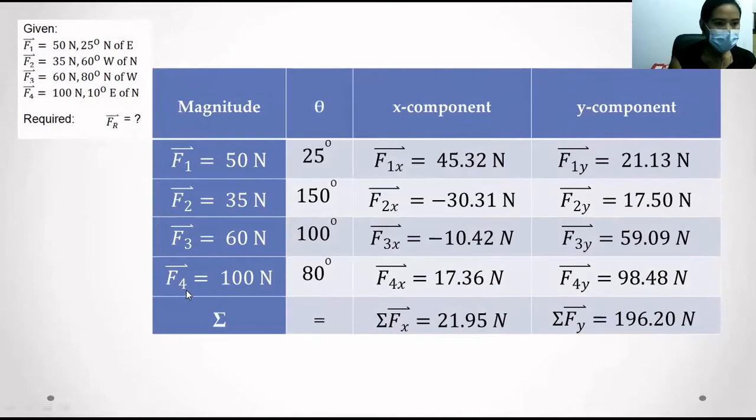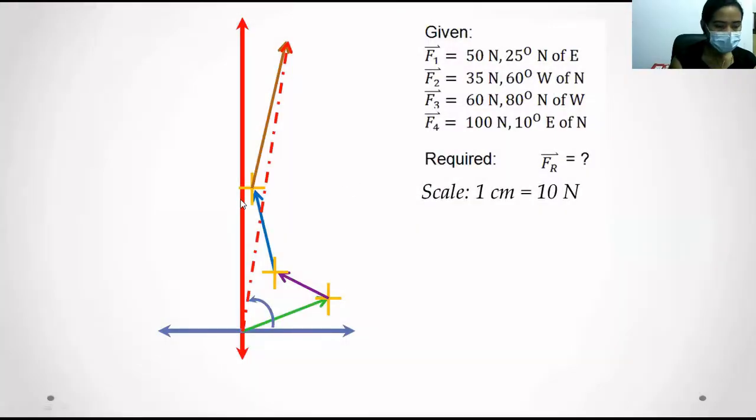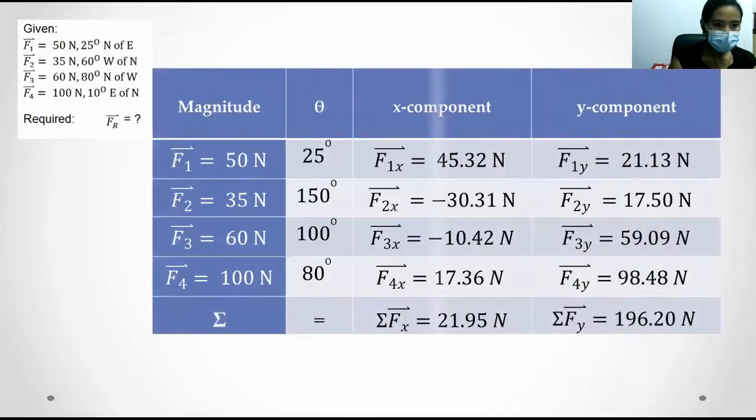And for our last arrow of 100 newtons, 10 degrees east of north, let's take a look at the diagram. 10 degrees east of north means 90 minus 10, this is simply 80 degrees. So our angle theta for force number 4 is 80 degrees, measured from the positive x-axis.